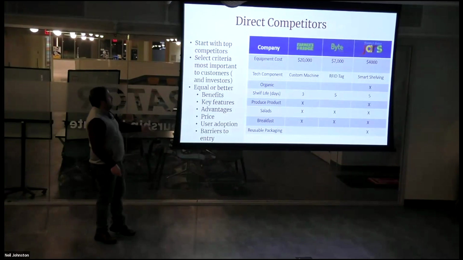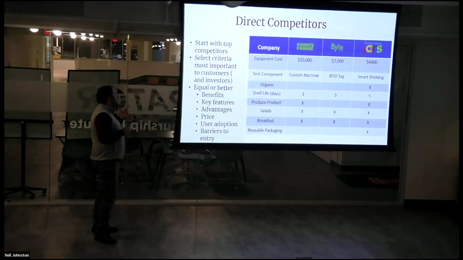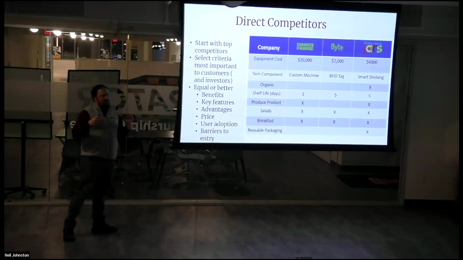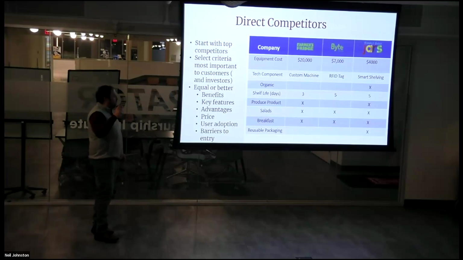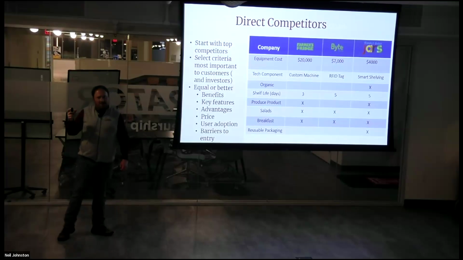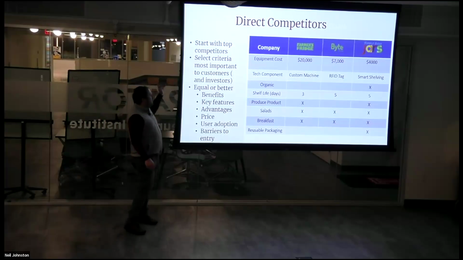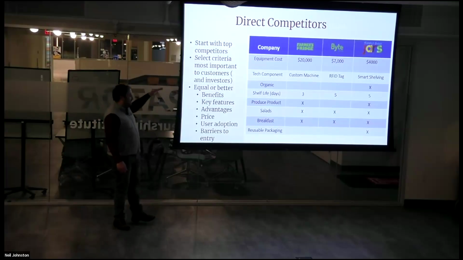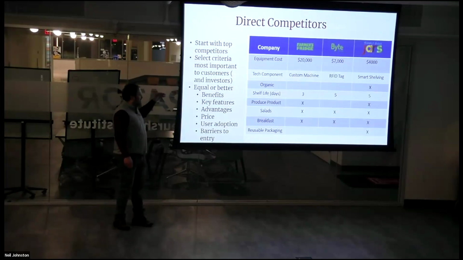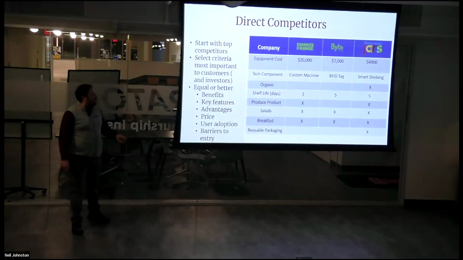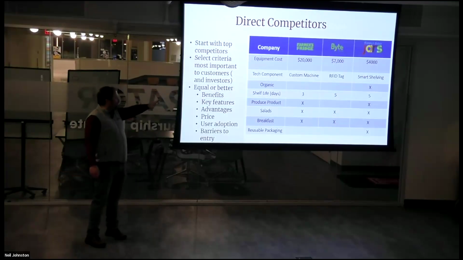And then on the vertical axis, you are selecting criteria that are most important for the customers and the investors to know about. You always want to pick ones that are going to make you look the best. So think about things that you are either equal or better in. That could be things like benefits, key features, advantages, price, user adoption time, barriers to entry, all that sort of stuff. And you want to spell out how your competitors stack up.